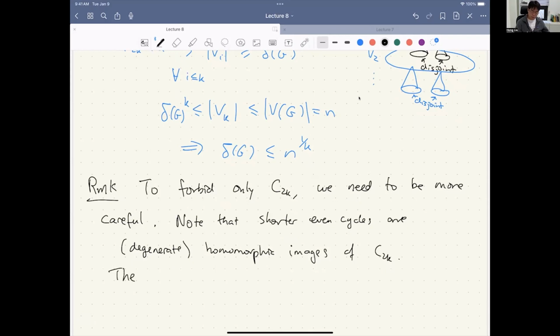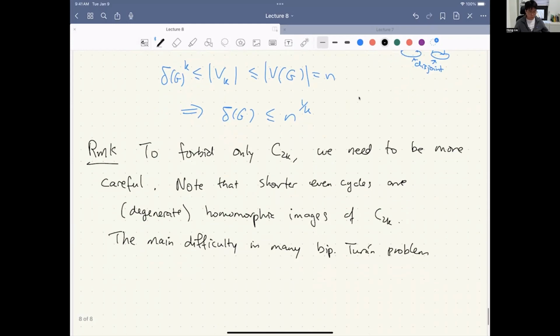The main difficulty in many bipartite Turán problems is to control the count of such degenerate homomorphisms.